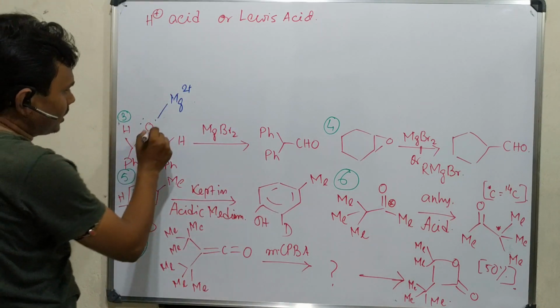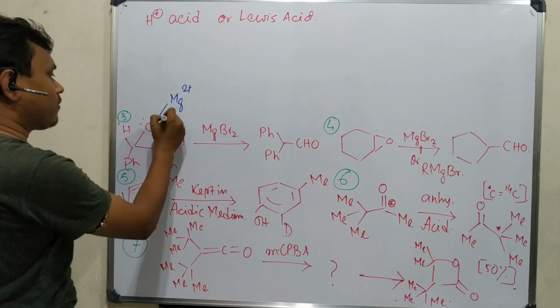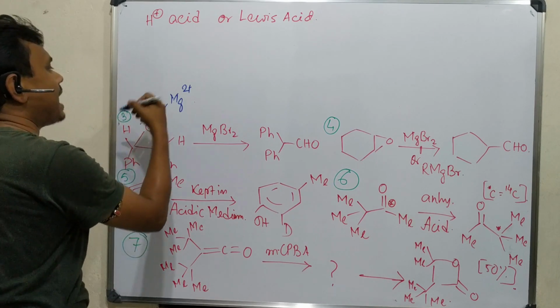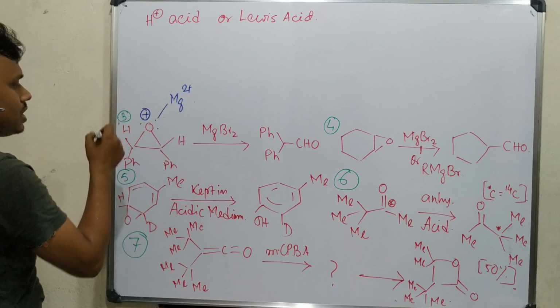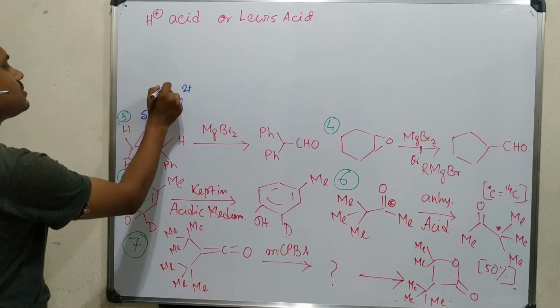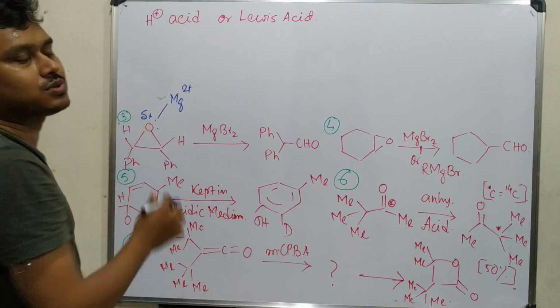So after coordination, the oxygen will have a positive charge, and the electron density will go on the magnesium. We can think of the factor in this way: delta positive. Actually it's not delta negative, there will be a reduction in positive charge density.